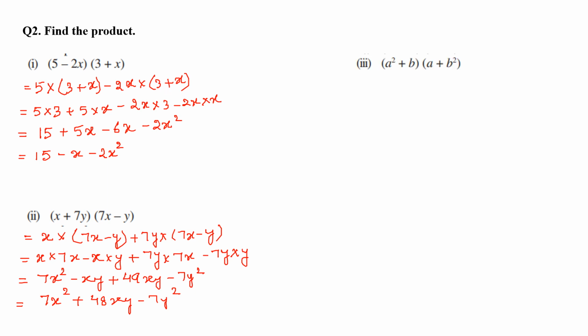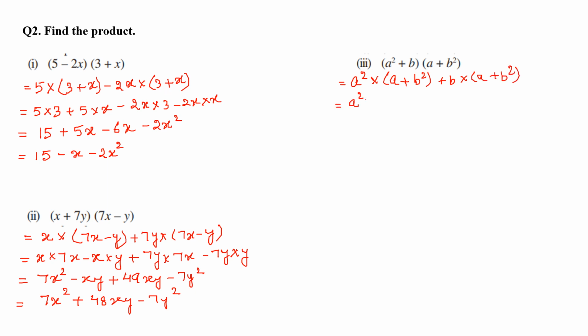Now third question, a square plus b multiply with a plus b square. So again take the first term of the first binomial and multiply with the second binomial which is a plus b square. Then plus b multiply with a plus b square.